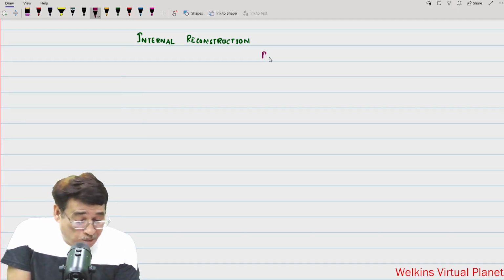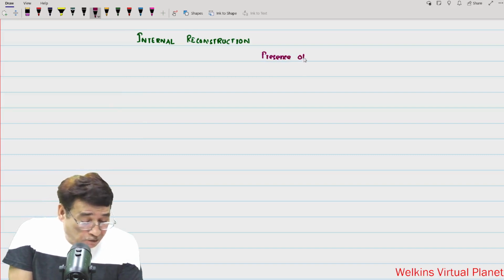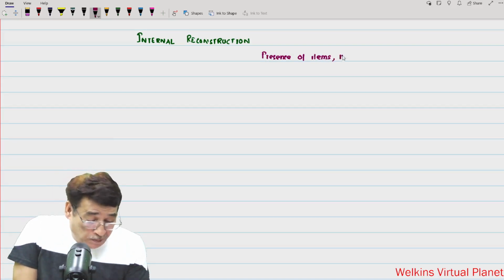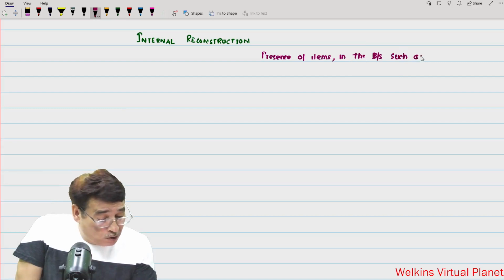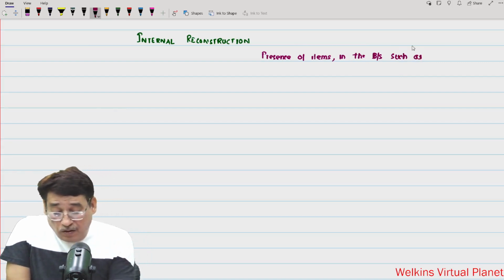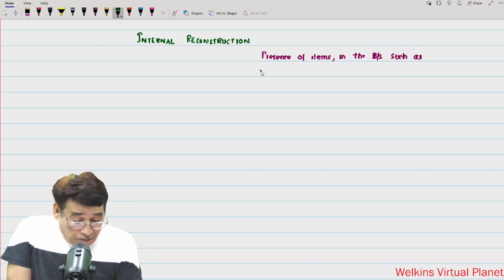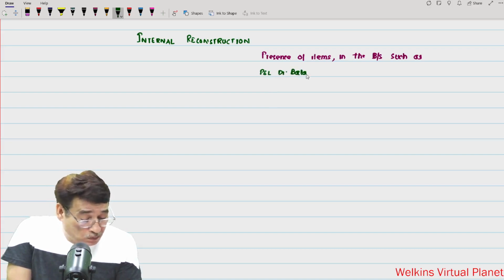Presence of items in the balance sheet such as debit balance of profit and loss account or P&L debit balance, deferred expenditure.